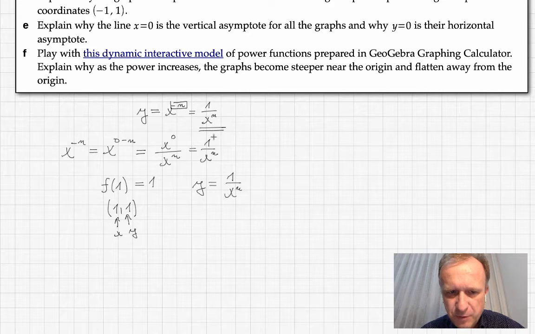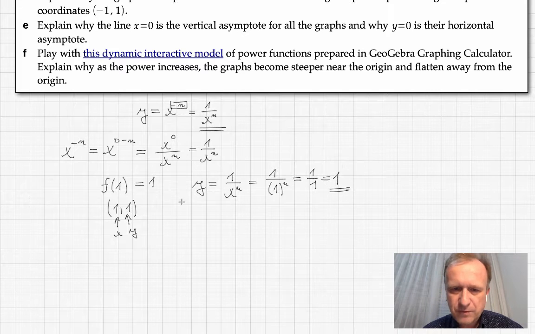So this is the general form of the function, and now you should check that when you substitute 1 for x, like this, you should get 1. Okay, is it so? 1 to the power of n, when n is a positive integer, is always 1, so you have 1 over 1, and this is really 1. So we were successful in proving that all those functions must pass through the point with coordinates 1, 1. This was the part B.